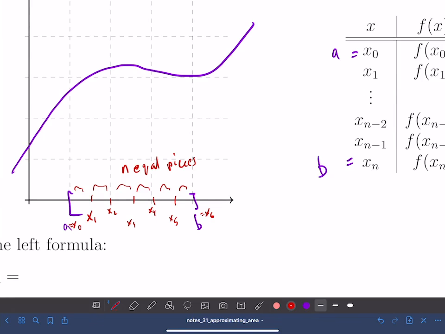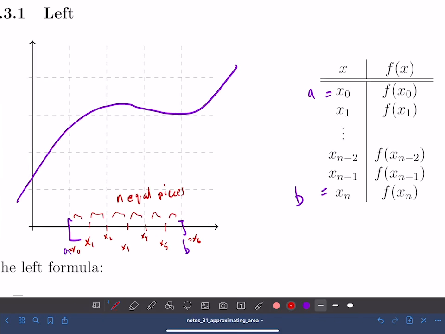We're doing left sum. So when I draw my heights, that height was determined by f of x0, right? That one there is determined by f of x1, all the way until I get to the last one here. That's determined by f of x5.